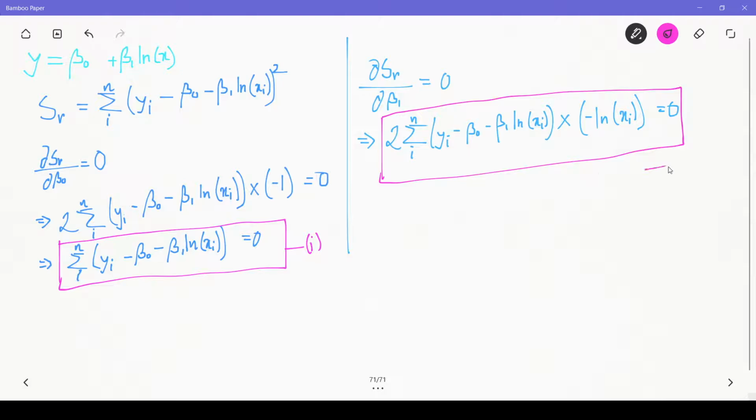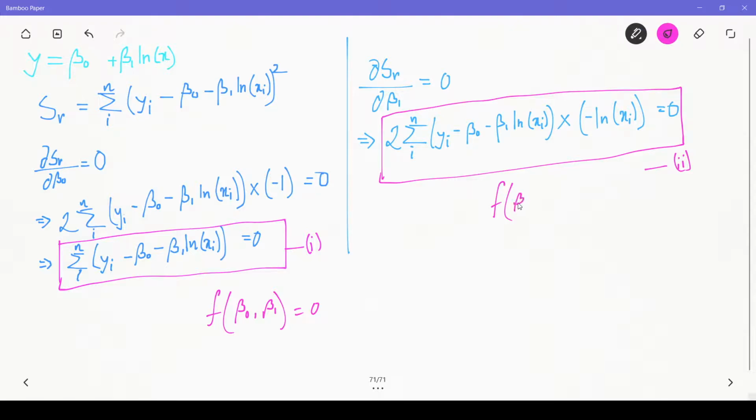Both of these equations have two tweakable parameters, right? So f of beta naught comma beta 1 equals 0. So this is also another non-linear bivariate equation, beta naught comma beta 1, so let's write this a bit clearly, it's a horrendous beta.